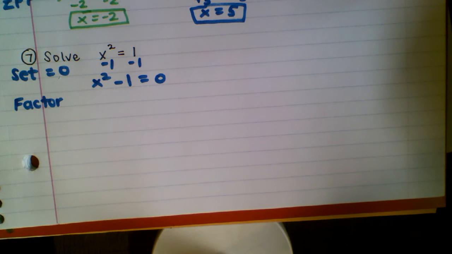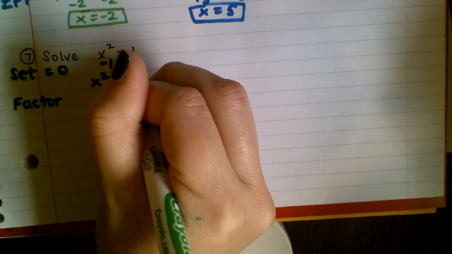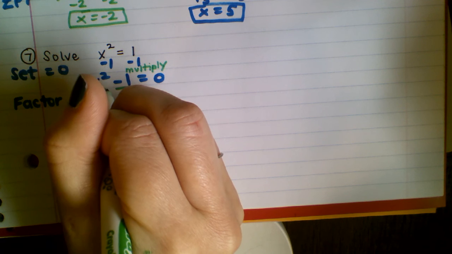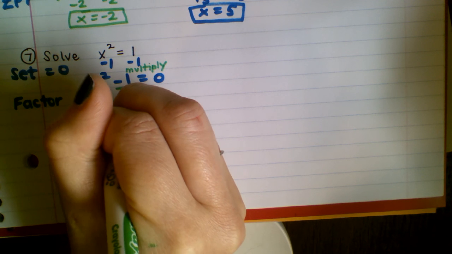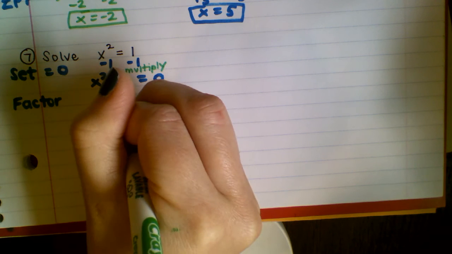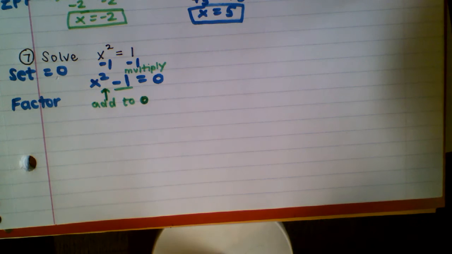So I need two numbers that multiply to negative 1 and add up to, the term's not there. Do you remember what it has to add up to? 0.